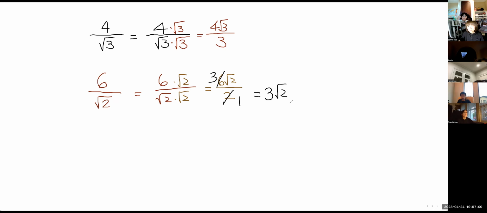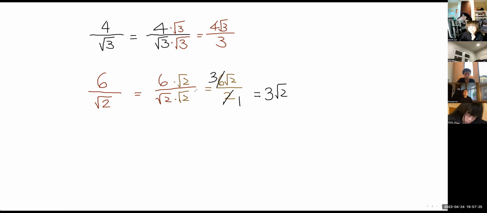Question. For a Windows computer, how do you get the square root sign? Oh, it's option plus V. Are you using an Apple or Windows? Windows. I don't know Windows. Oh, okay. My best option is you can just write SQ, then I'll know.